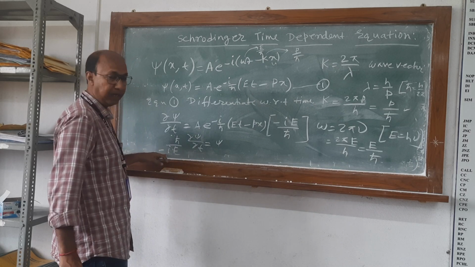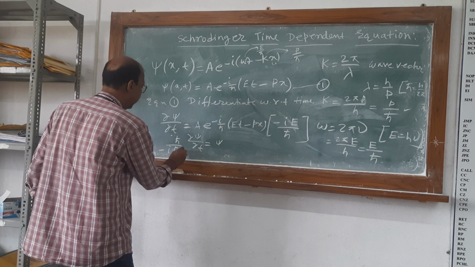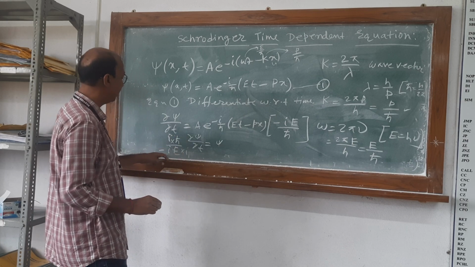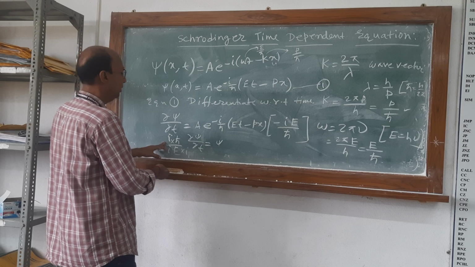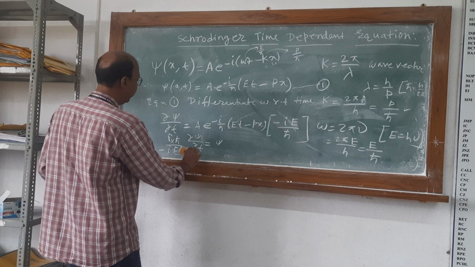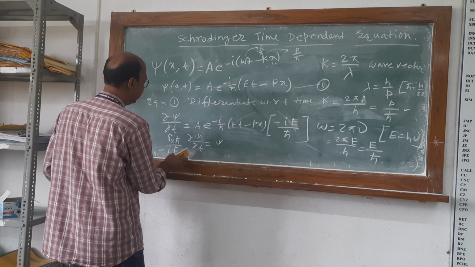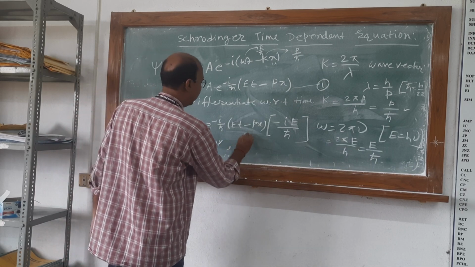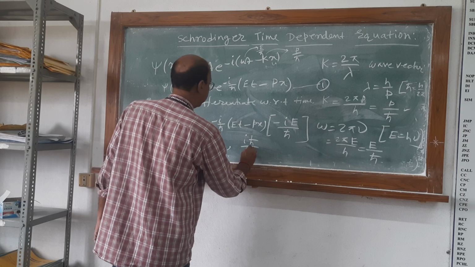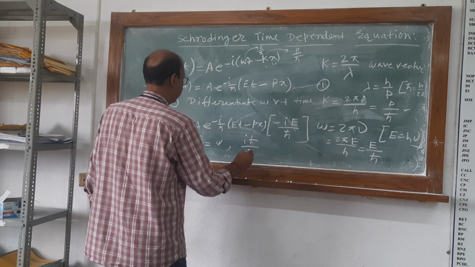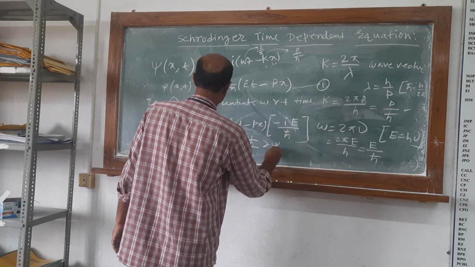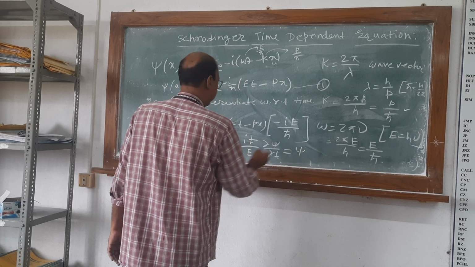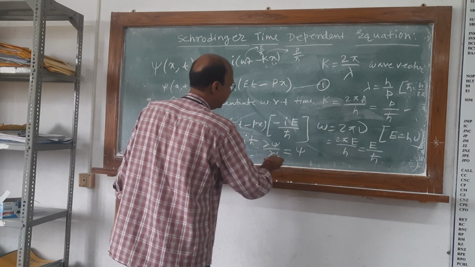Here the i is in the denominator, so you have to multiply by i here. So i squared means minus 1, that means plus. So it becomes i h cut by E, del psi by del t equal to psi, or if we multiply by E, E psi.